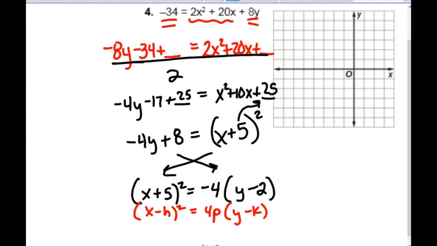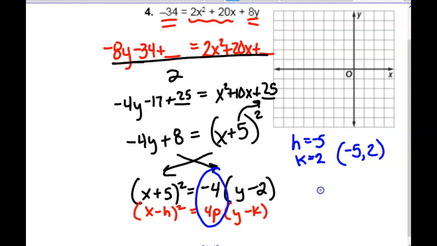So help me graph this and everything. H is negative 5, K is positive 2, yeah, negative 5, 2. And P is negative 1, okay, because it's an x squared with a P less than 0, it's opening down.